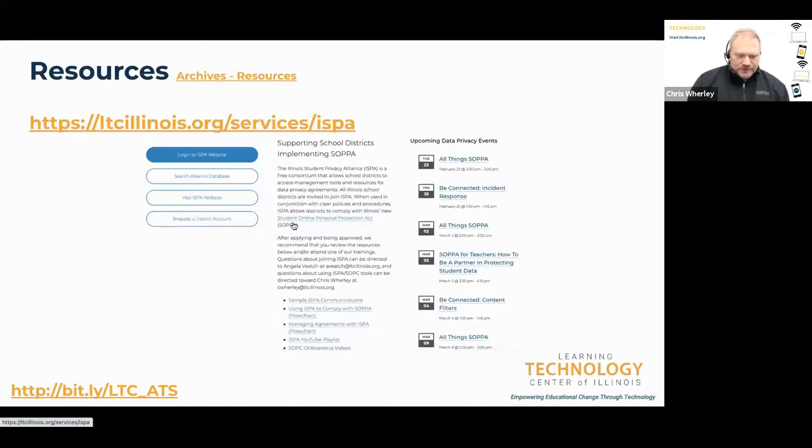As far as resources moving forward and reviewing what we have available to you, there are a few new things on this webpage. Down the middle, you'll see the sample communications for sending out agreements, and for what happens when you get an agreement back and they say we're not going to sign your agreement.